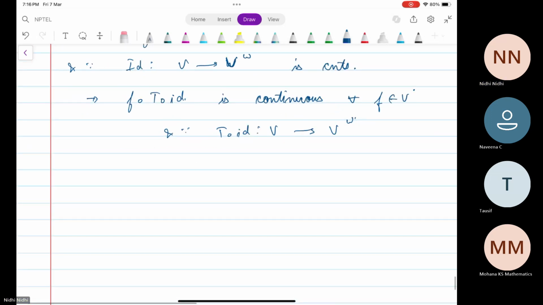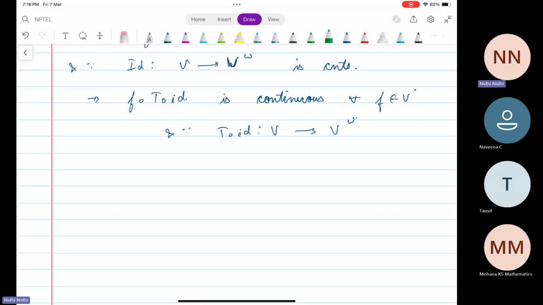And we have a result. You can prove this using the same method, the way we have used the uniform boundedness principle in the previous question. With that, we can show that T is continuous if and only if F composed with T is continuous for every F in V star.